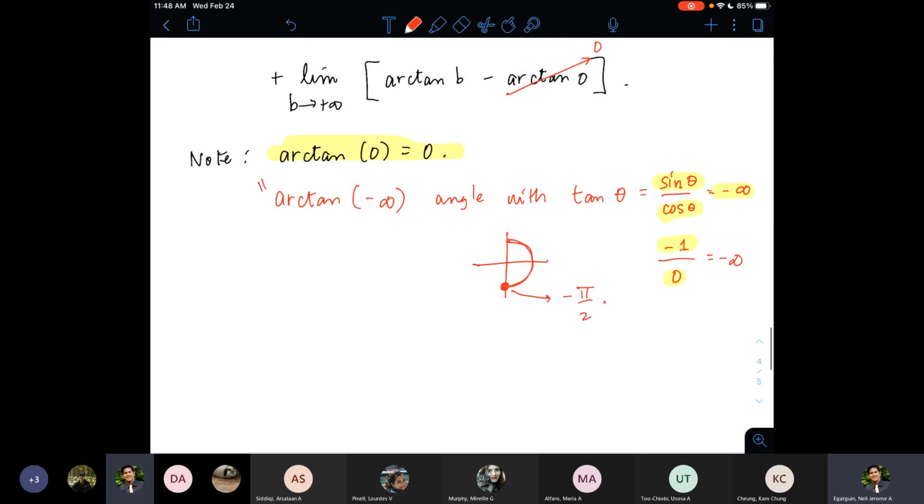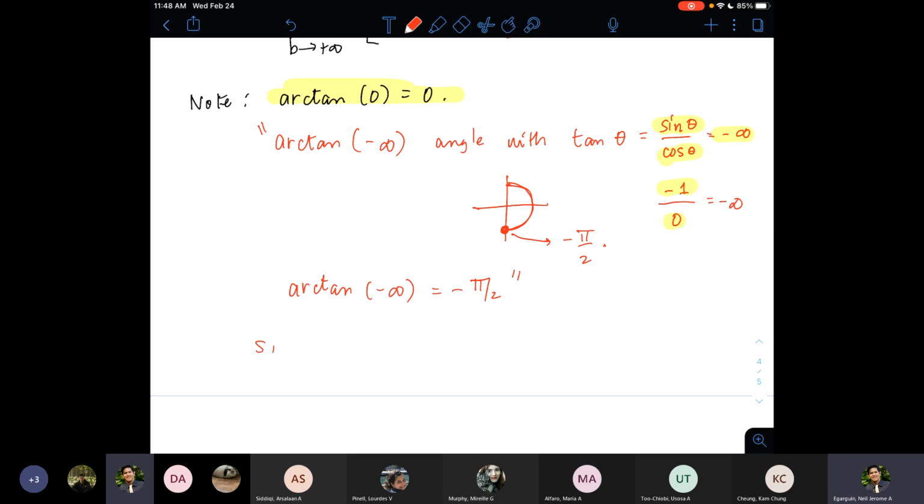So from now on, you can put on your list of things to remember. If you have arctan of negative infinity, sort of, this will give you negative pi over 2. And similarly, you can put in your list arctan of infinity is equal to pi over 2. Because in that case, the angle we're looking for is the angle whose sine is equal to 1 and whose cosine is equal to 0.